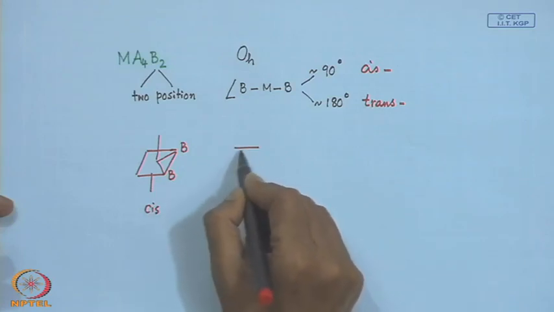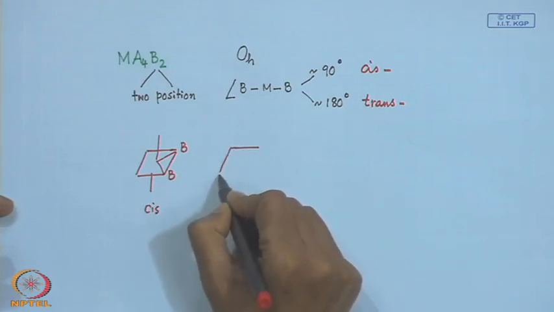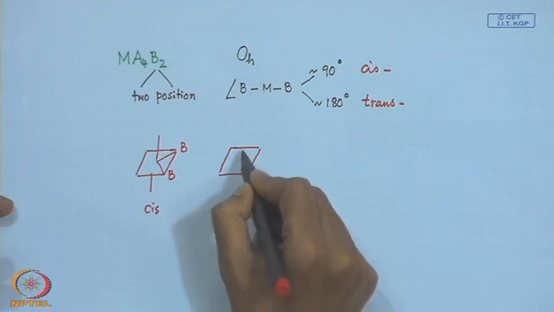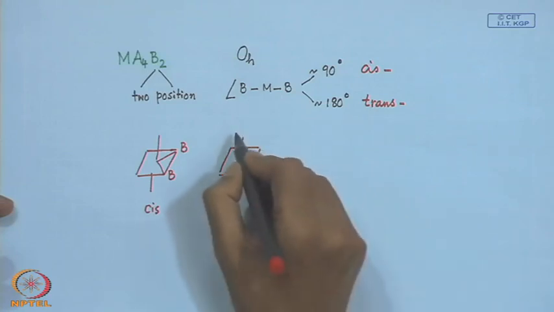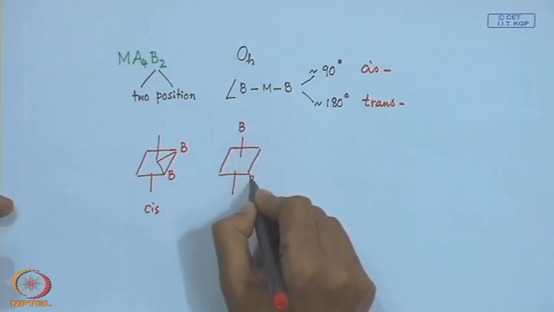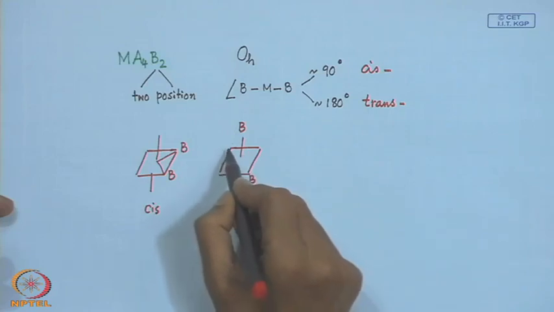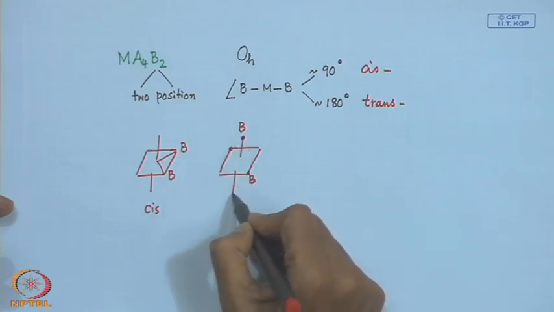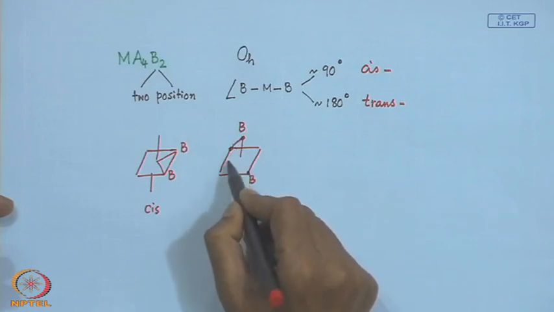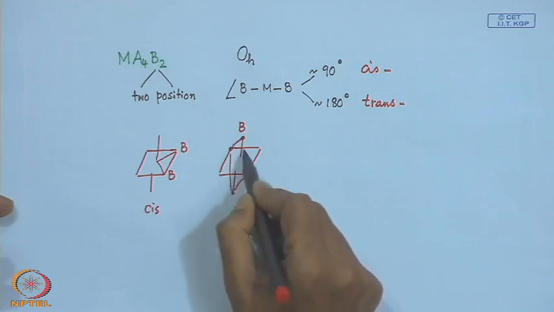Similarly, we should see the geometry if the B's are positioned like this, considering this position and this position in another square plane.